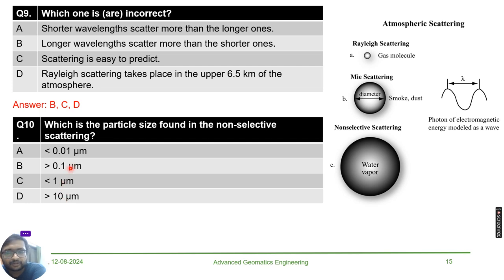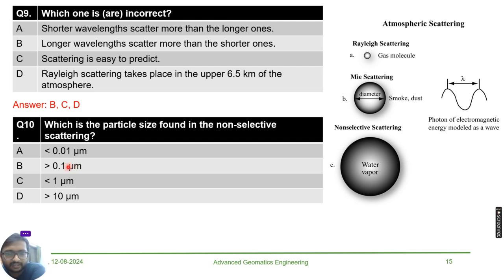If you consider 0.1 micrometer, the RGB colors you have seen earlier in the electromagnetic spectrum are at the range of 0.4 to 0.7. So if the particle size is around 0.1, it is similar to the visible wavelength, because the wavelength of the visible spectrum is 0.4 to 0.7.